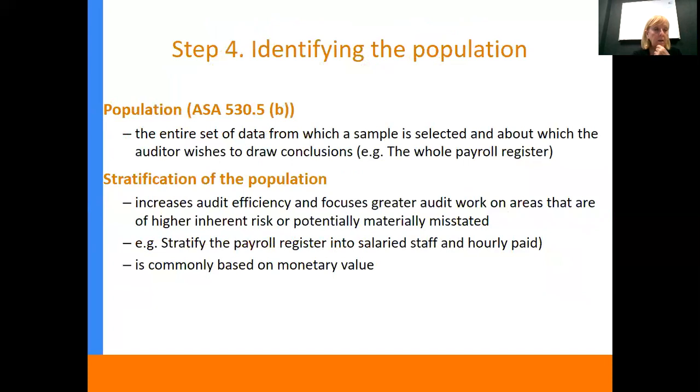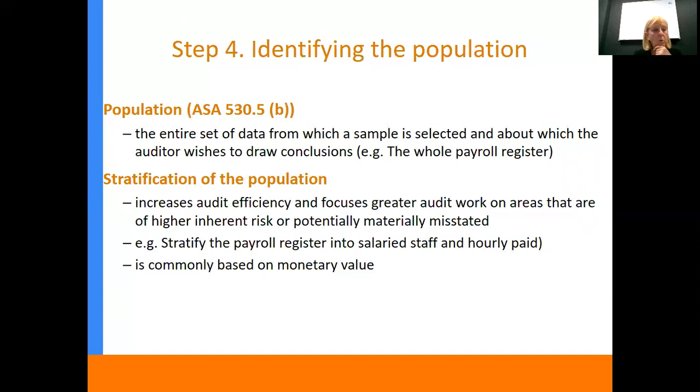I might say, take a sample of timesheets from the April payroll records, in which case the April payroll records are my population. I might ask them to take a sample of items from all of the transactions that occurred while a particular supervisor was in charge. Then that would be my population. So you've got to think about what is your population.